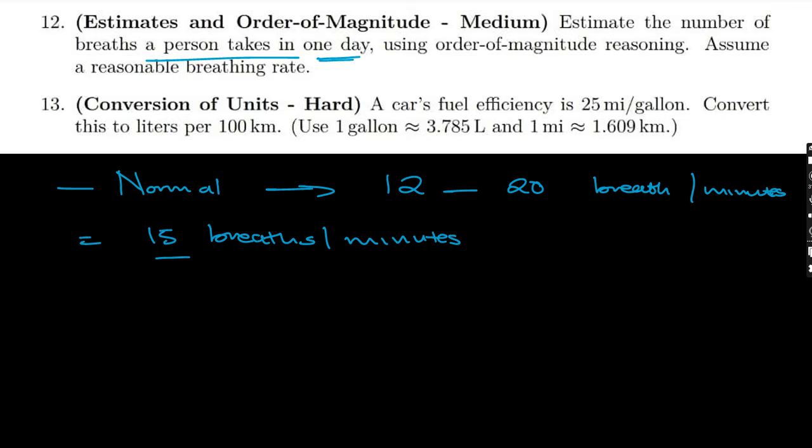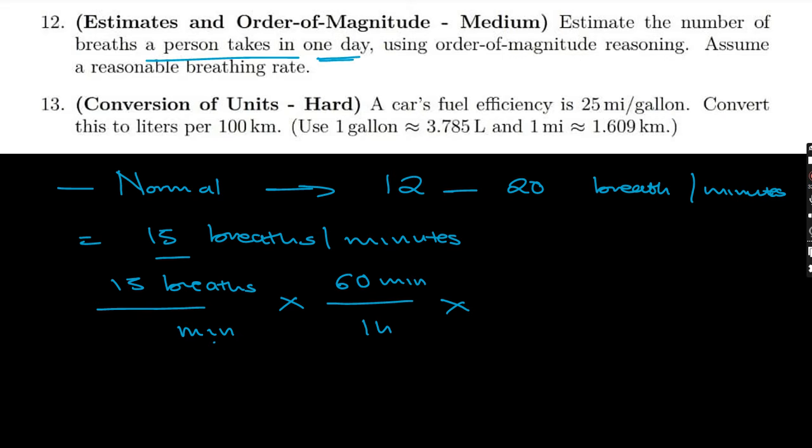So we're going to convert this. We are going to say 15 breaths. Now we have minutes down there. So what we want to cancel is minutes. We can convert minutes to hours. So to cancel minutes, we say 1 hour is made of 60 minutes.